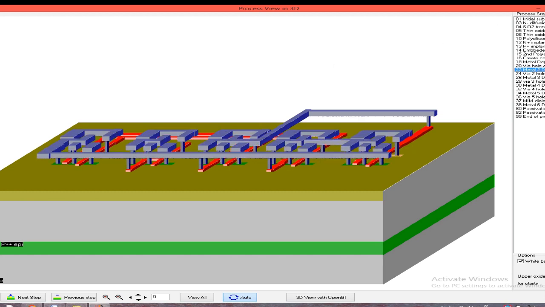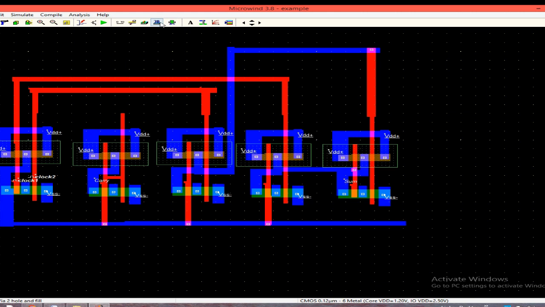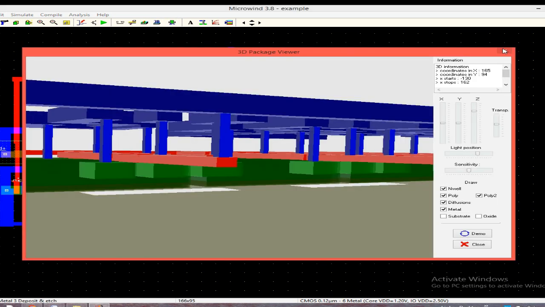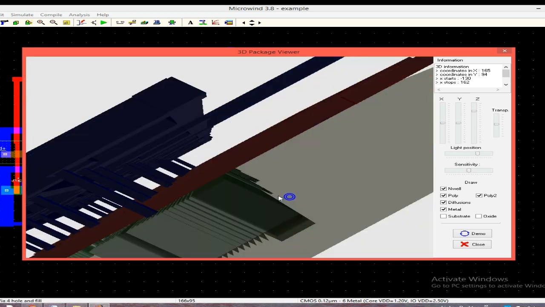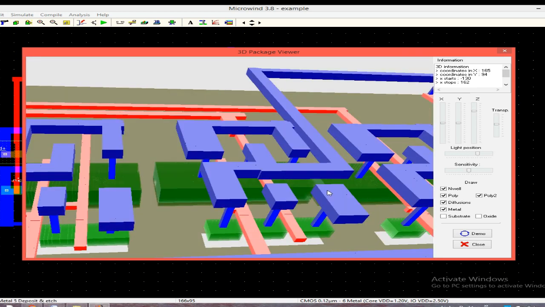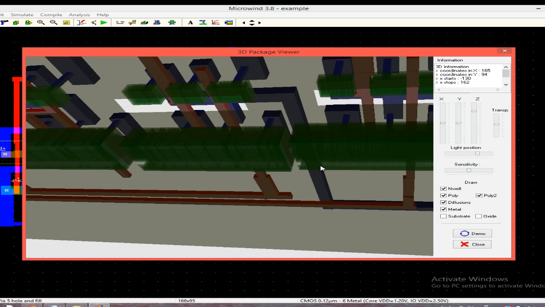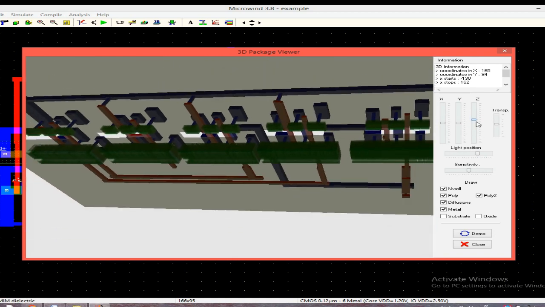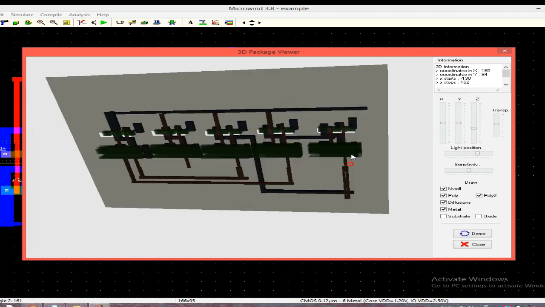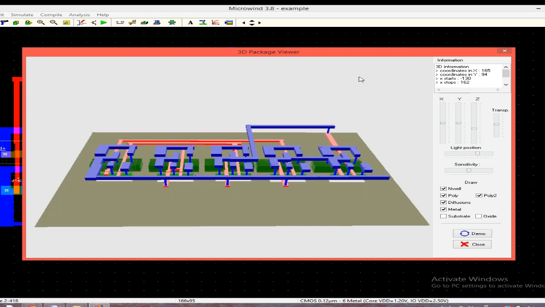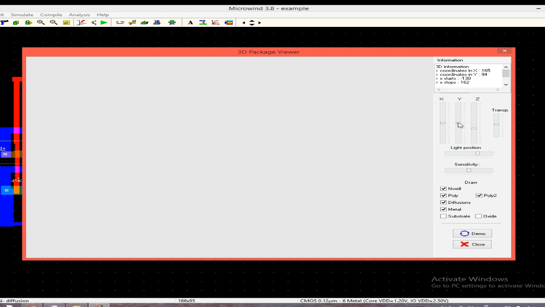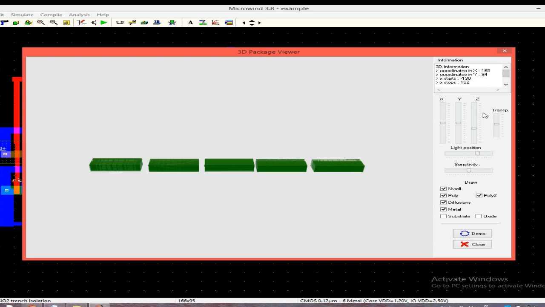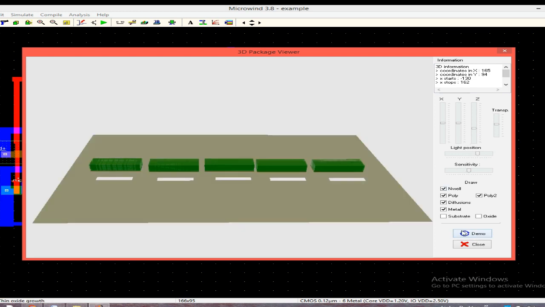Then we will go for the 3D plot. You can see the 3D plot over here. We can make this pattern smaller or larger.